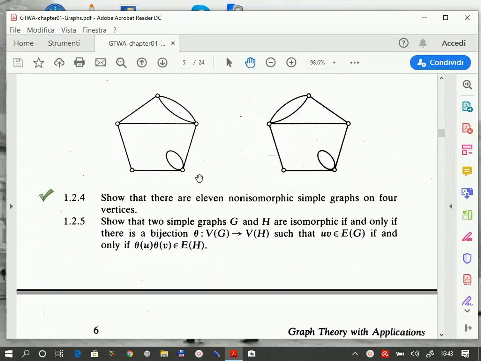Also, if the loop must go to the loop, this vertex must go to this vertex. Again, I said five factorial permutations, bijections. That's not true, because that vertex must correspond to that vertex.